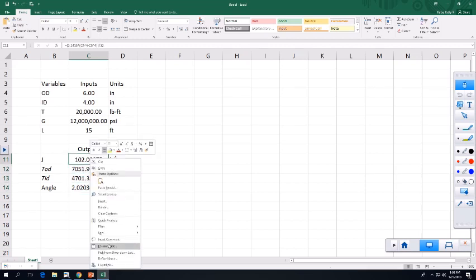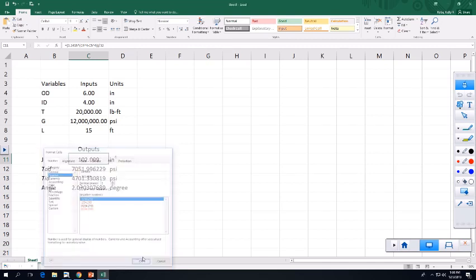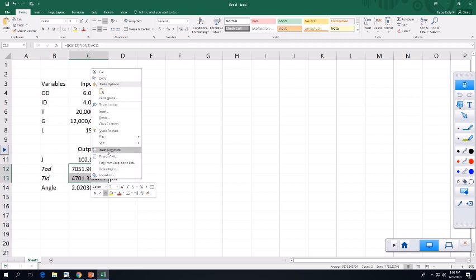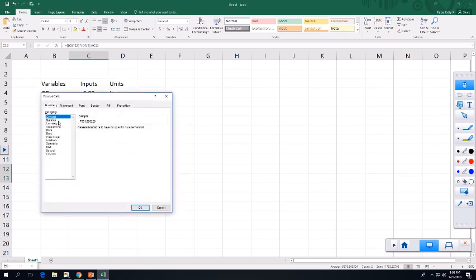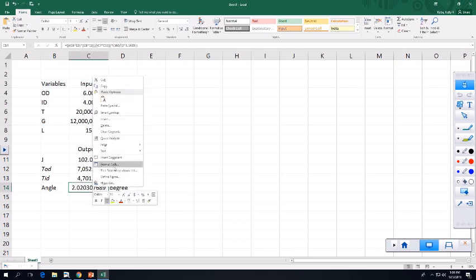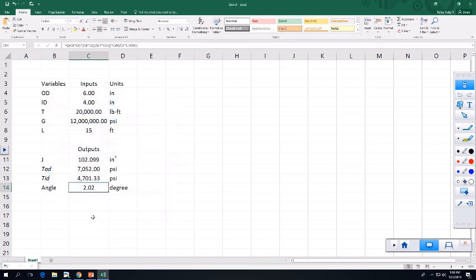My J, I'm going to go to Number, I'm going to go to 3 decimal places. My torsional shear stresses, they're usually in the thousands. So I'm going to say 2 decimal places there, but then I'm going to put some commas, and then the last one in degrees here, Format Cells, number of decimal places will be 2. That should be fine. Okay.